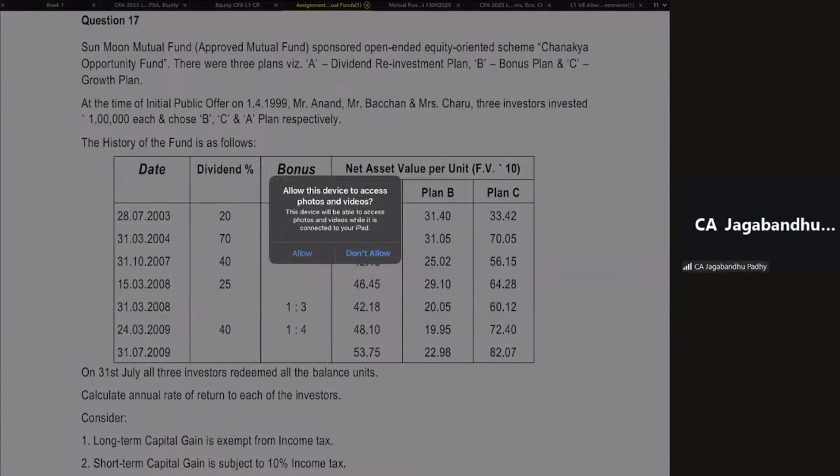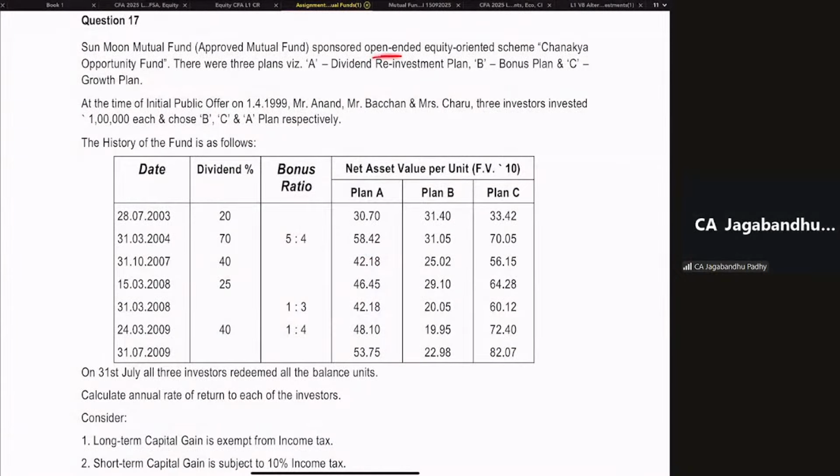And what do we mean by the term open-ended, guys? It can be transacted during the period. Open-ended means the investor can buy the units of the mutual fund and sell the units directly to the mutual fund itself. So you can go to the mutual fund and ask for new units, or you can give the units back and get cash against it.